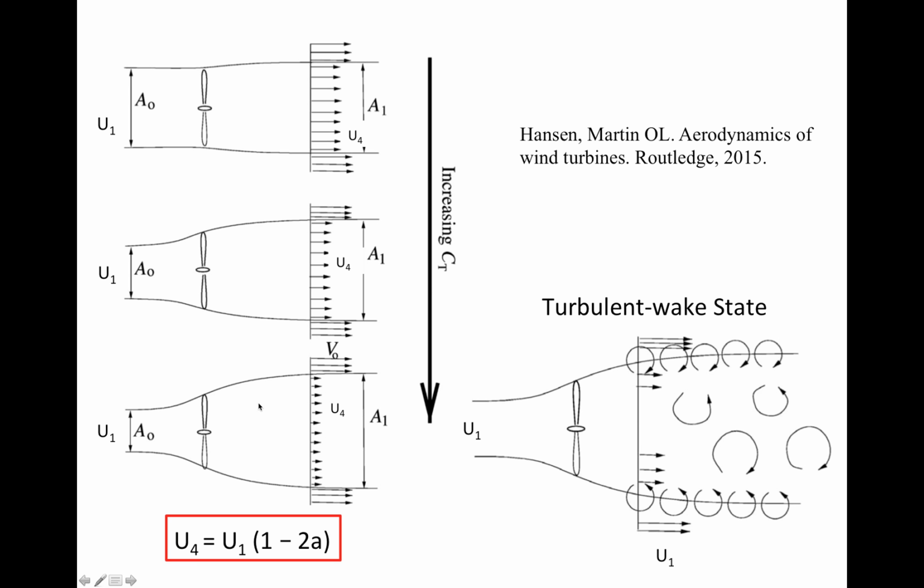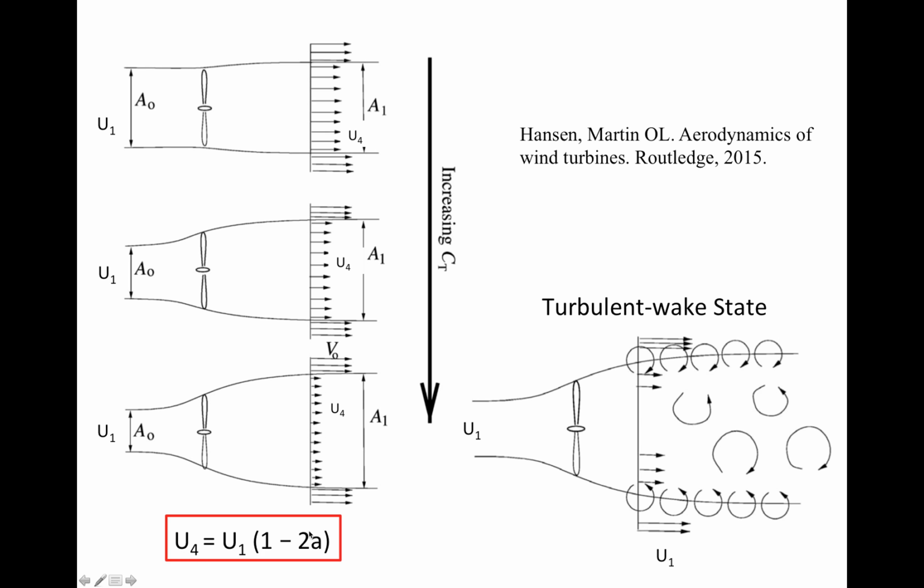Now suppose we increase the value of A gradually from 0. What will happen to u4? So u1 is fixed. That's the incoming wind speed, the free stream wind speed. Suppose we increase A from 0 gradually. What's going to happen to u4? Of course, u4 is going to decrease.